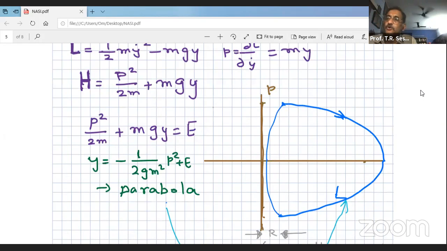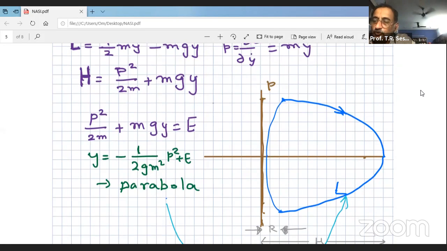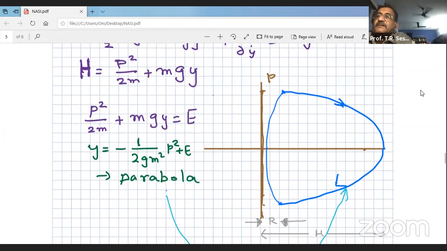So now let me first go to the first one. As before, I start from a height h. I forgot to write height h here. It is the rightmost intercept of the phase space path on the y-axis. I mean, it's the y-axis, but I have plotted y on the x-axis. The y-axis is p here. So that is h.